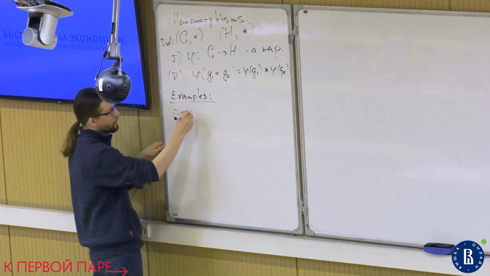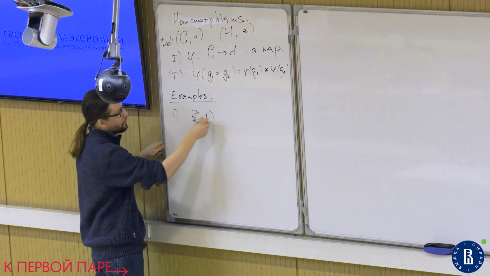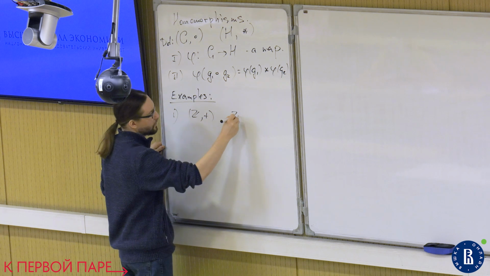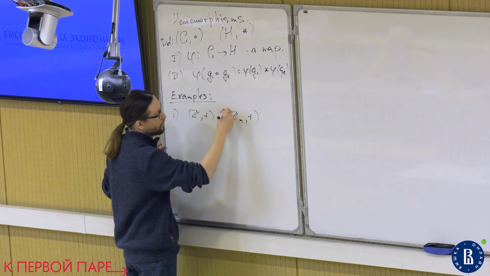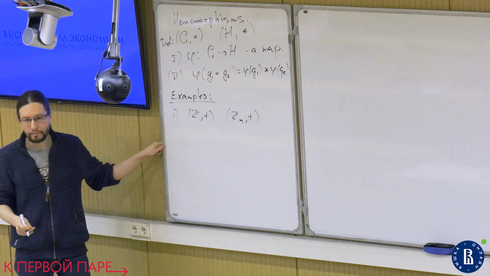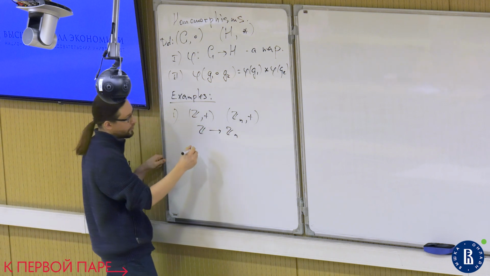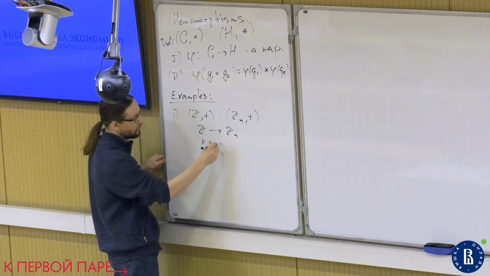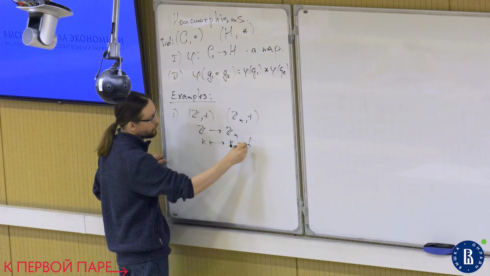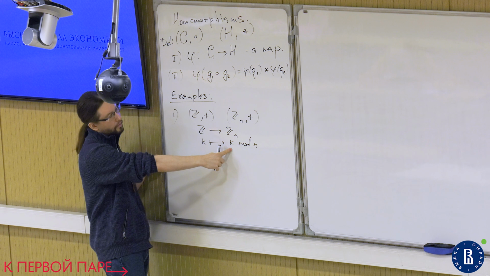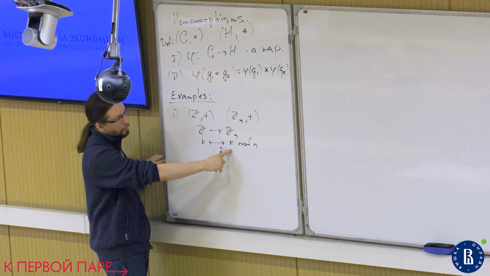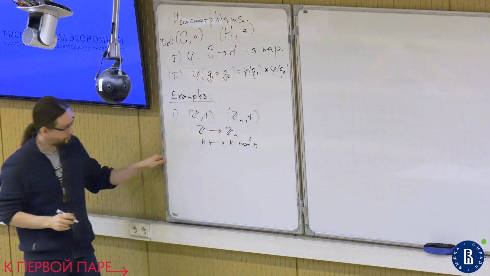Example number 1. The first group will be Z with addition, and the second group is Zn with addition modulo n. Then we have a map which takes each element k to k mod n, which is basically the remainder of k modulo n.